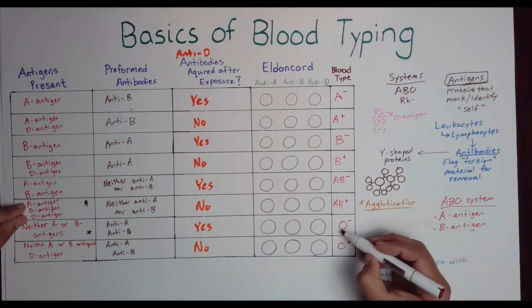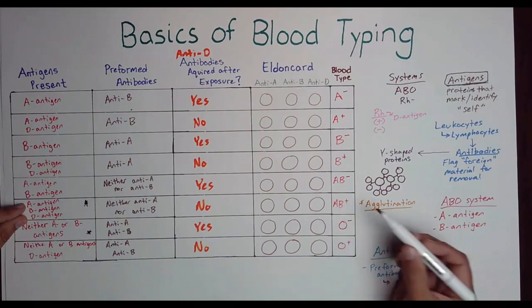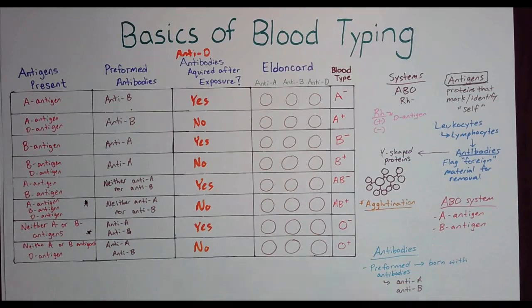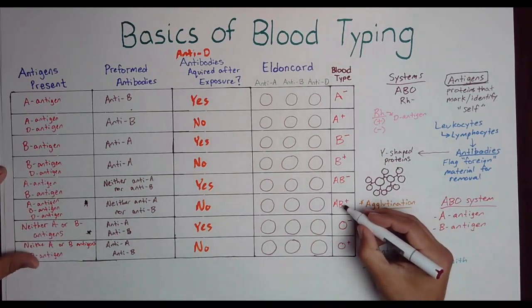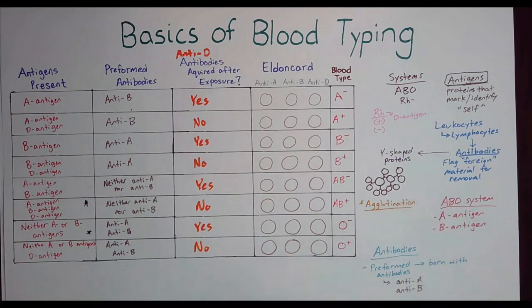Absolutely, because those don't even have antigens. So if those go into an AB positive blood, they don't even notice that they're there. It just becomes part of the body. So AB positive is known as a universal acceptor. They can accept any blood.